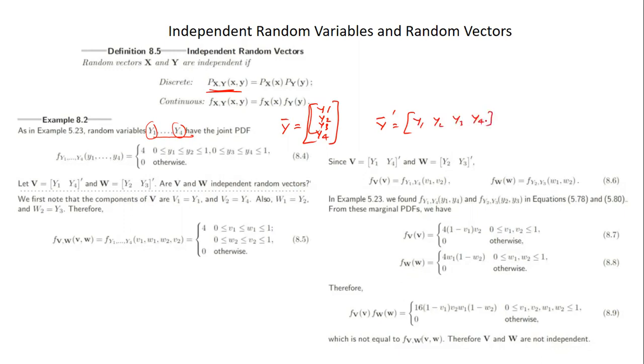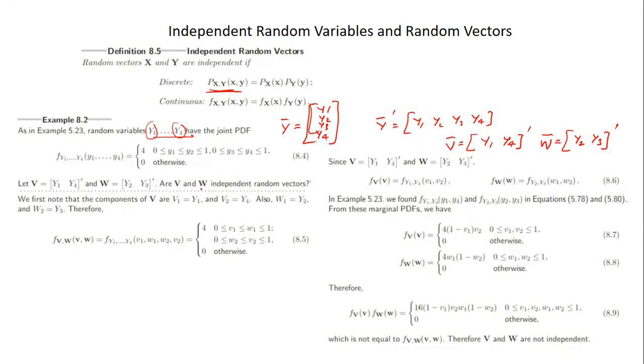Now I can define different vectors or subvectors from this. Here it's defined. V vector is given as y1, y4 transpose. And the W vector, random vector, is defined as y2 and y3 transpose. Okay.